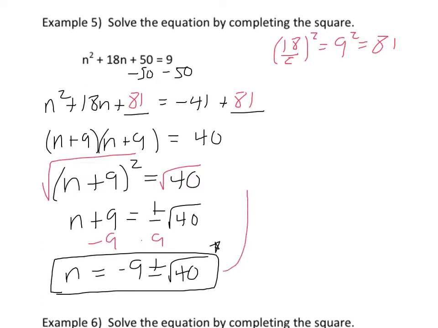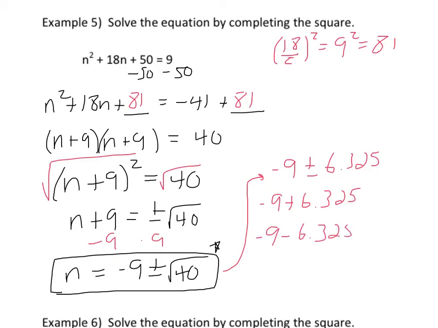Some like to do this though, so I will do it briefly. I will say negative 9 plus or minus, and then root 40 is 6.325. So that means we would say negative 9 plus 6.325, and we would do negative 9 minus 6.325.